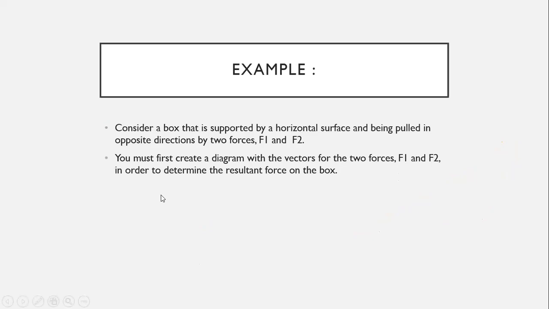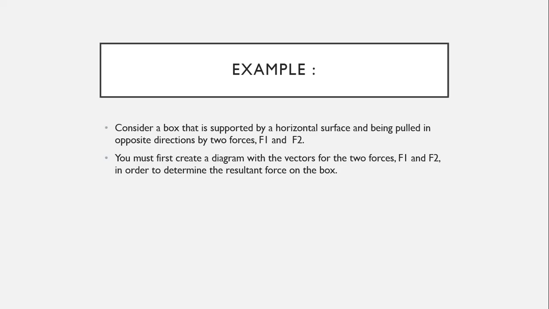Now let us take a practical example of how we can apply the triangular law of forces in real time. Yesterday, we took the example of a tabletop disk in the parallelogram law of forces. Similar to that, here you take a cardboard box supported on a horizontal floor surface. The box is being pulled by two forces, F1 and F2, in opposite adjacent directions.